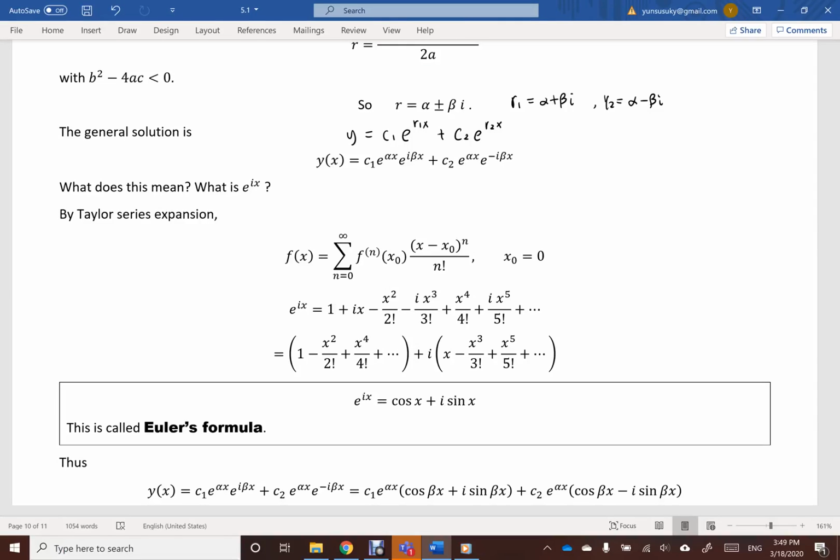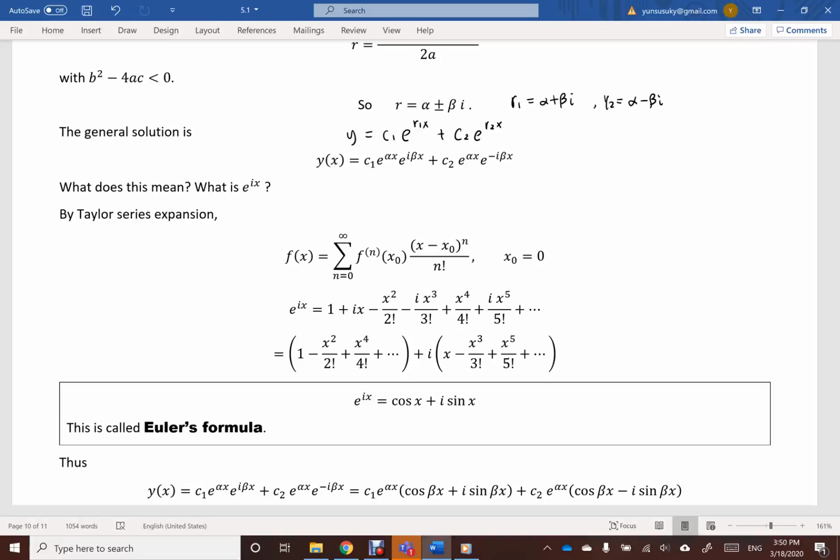Well, if you can remember the Taylor series expansion from Calculus 2, okay, what is that? The function is approximated by the Taylor series, okay? And the Taylor series converges to the function in the interval of convergence.